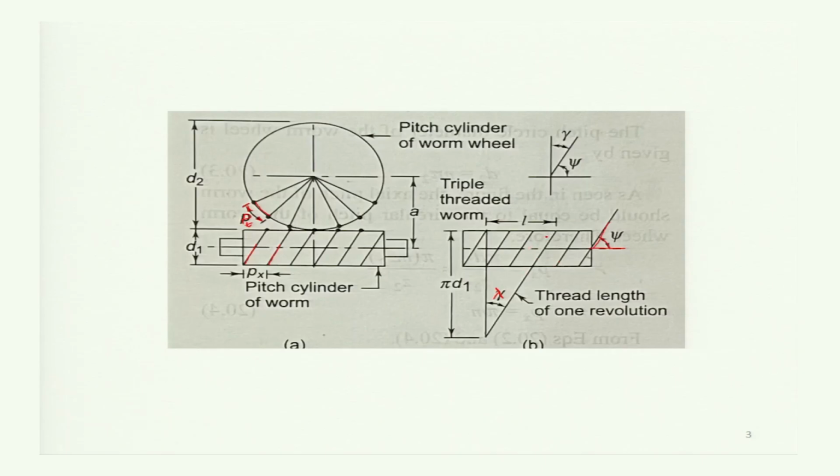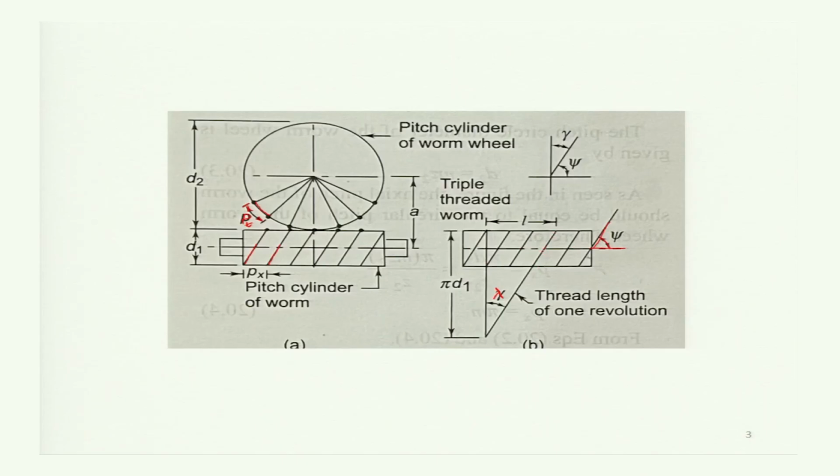So the thread of the worm is having an angle lambda, which is the lead angle, with the line perpendicular to the axis of rotation of the gear.